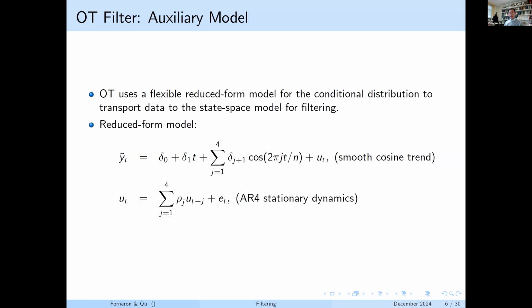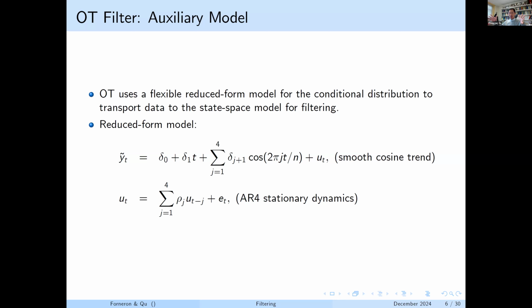At the same time, the residual component u_t is assumed to be stationary and to follow an AR(4) representation. We actually have varied the lags between 2 and 4. The results are not sensitive to this choice.